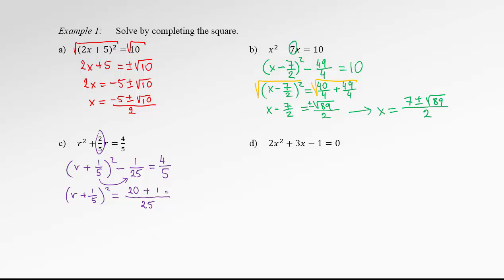So altogether 21 25th. Okay, now take square root on both sides. We end up with r plus 1/5 equals, it will have to be plus minus, right? Because we didn't write absolute value here. And then it's root of 21, let's stay with it, over root of 25 is just 5.